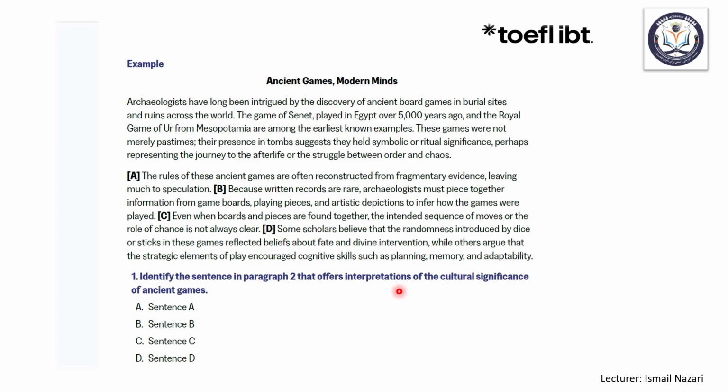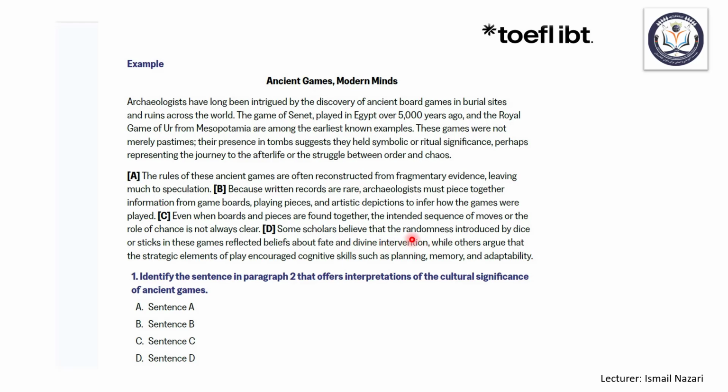So let's get into the answer choices. Exactly. The correct answer choice is D. Here in sentence D, it discusses the cultural significance of ancient games. It offers that interpretation on why it was important.